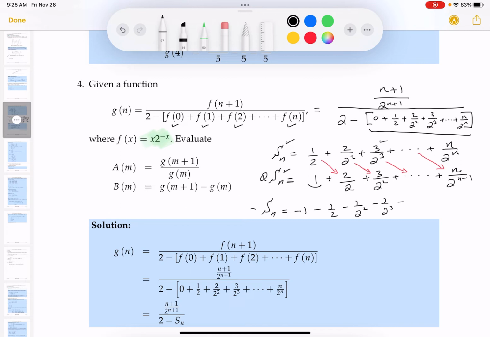I'm going to keep going down, minus dot, dot, dot. And then over here, I get minus. I want to point out there's a term here, and that term there would be n minus 1 over 2 to the n minus 1. And if I did that subtraction, I'd get 1 over 2 to the n minus 1 plus n over 2 to the n.